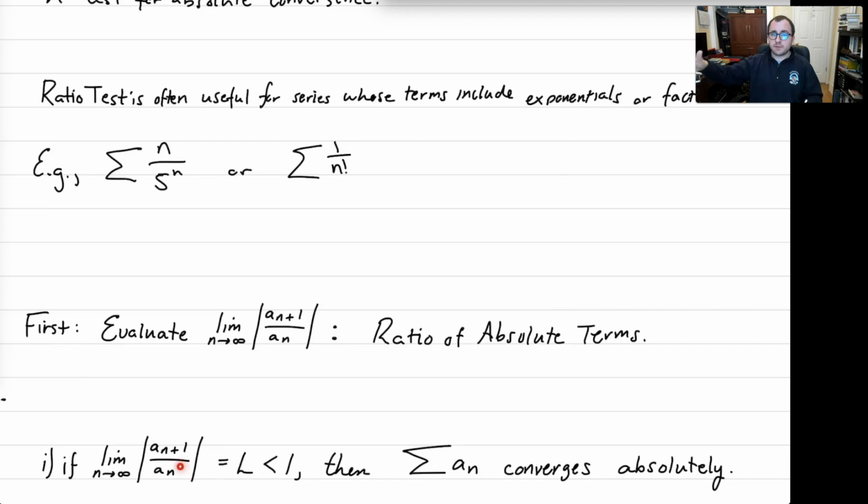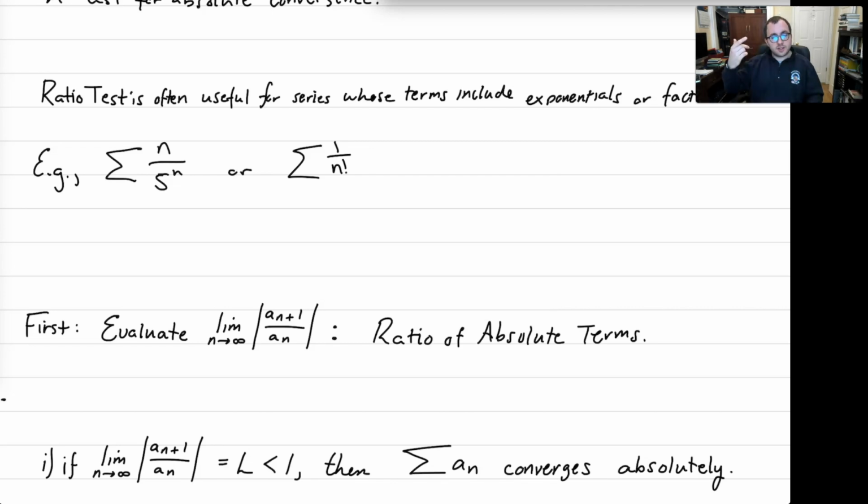The ratio is fractional. And if that's the case, the series converges absolutely. Notice this isn't conditionally convergent, and notice that the limit of absolute ratios, again, isn't going to be able to pick up conditionally convergent series.